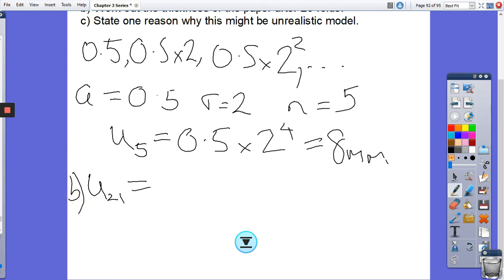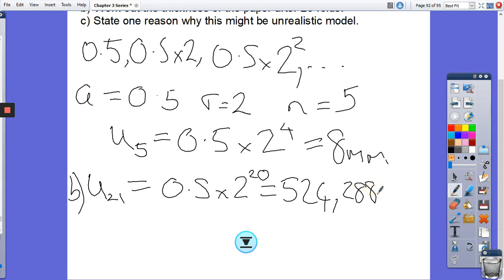And then part B, you want U21, which is going to be 0.5 times 2 to the power of 20. And if you do that, apparently you get 524,288 millimeters. So yeah, you're not going to be able to do that. It's ludicrous to suggest that you would.